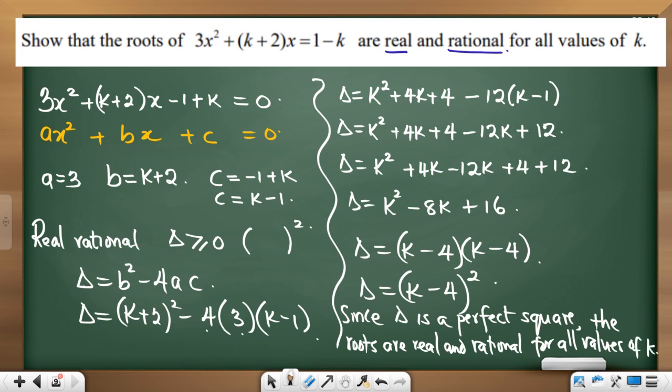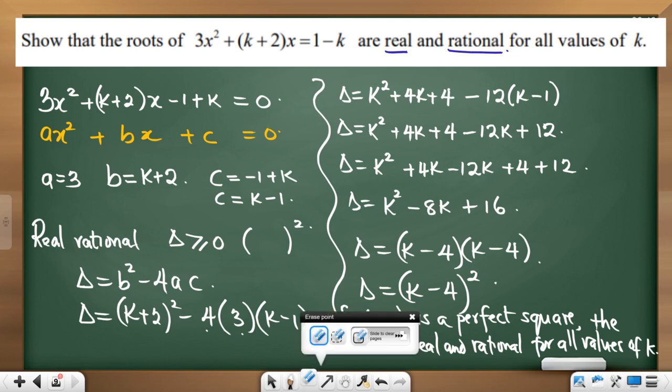Please talk to me. Do you understand? This is the last question on nature of roots. You can find more in past papers, but are you okay? I just wanted us to see the a, b, c in this one and to see how to walk around the rational part. You see that my discriminant gave me a square.